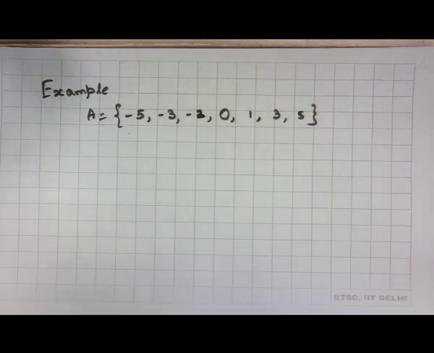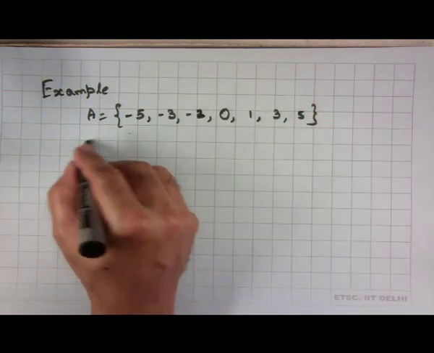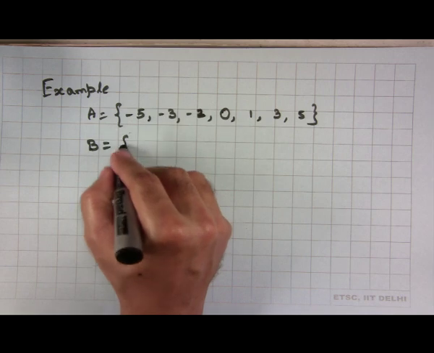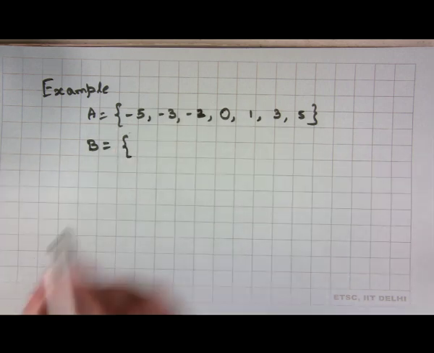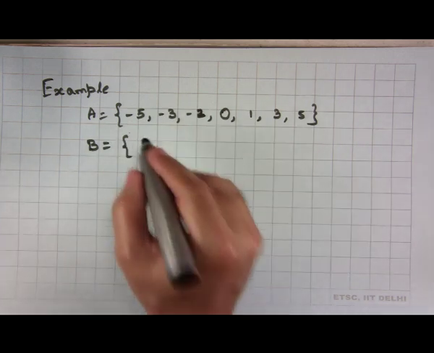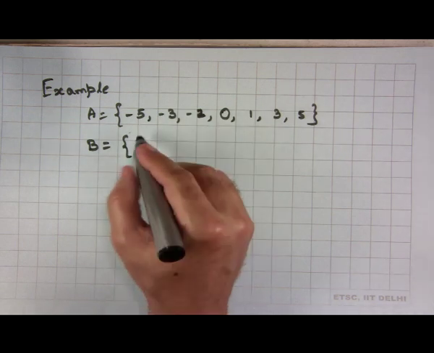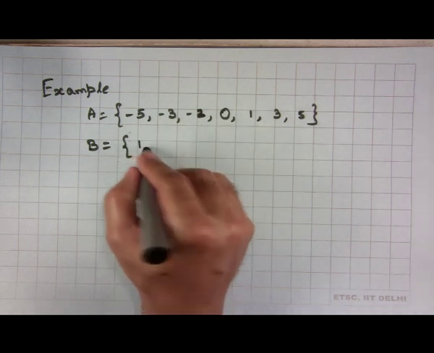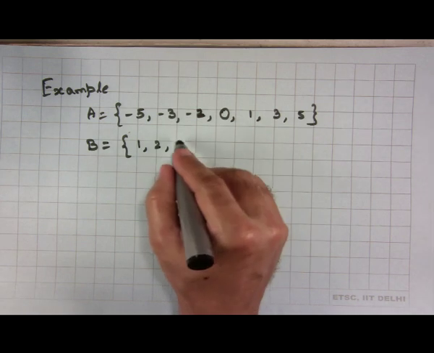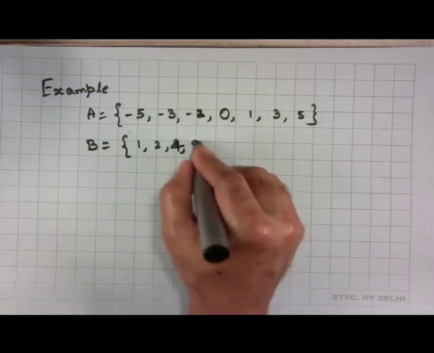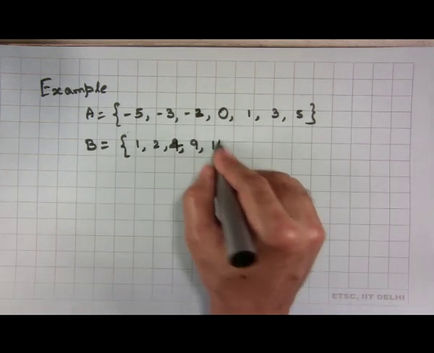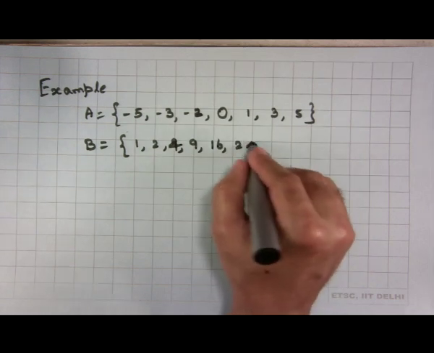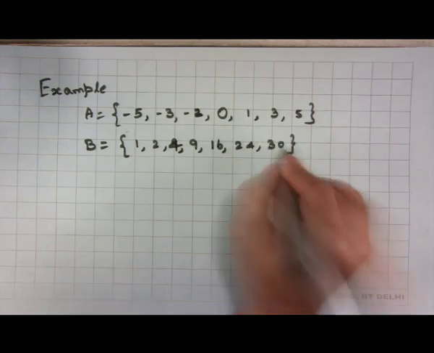This was the set that we had, and the set B that we had was 1, 2, 4, 9, 16 and 24, 30.